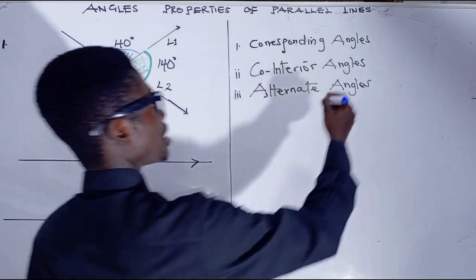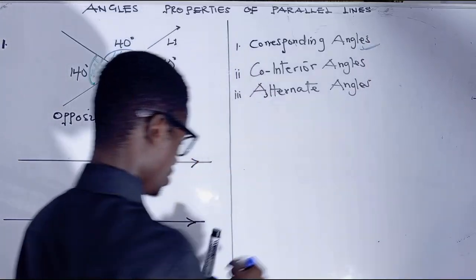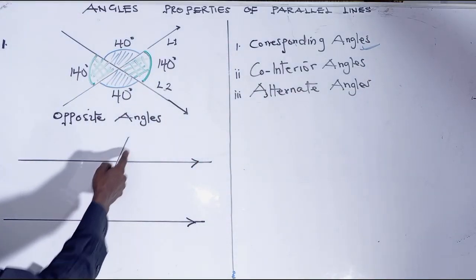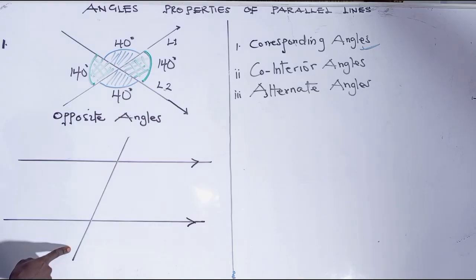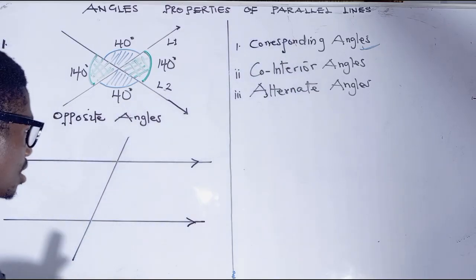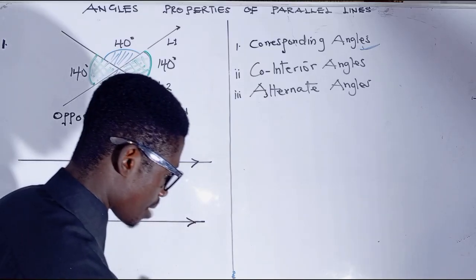So let's start with the corresponding angle. So when you have two parallel lines being intersected by a transversal line, as we said, this is our transversal line, then we can obtain what we call the corresponding angle. So these are the corresponding angles being formed.